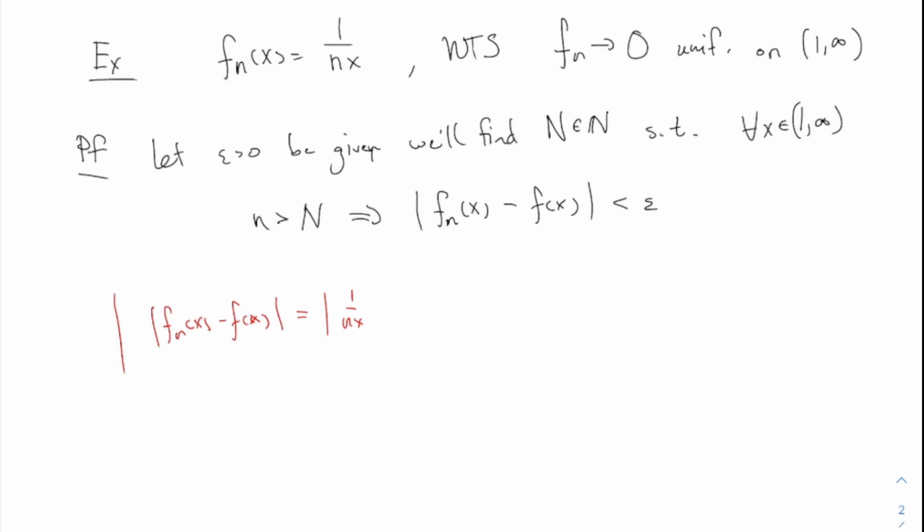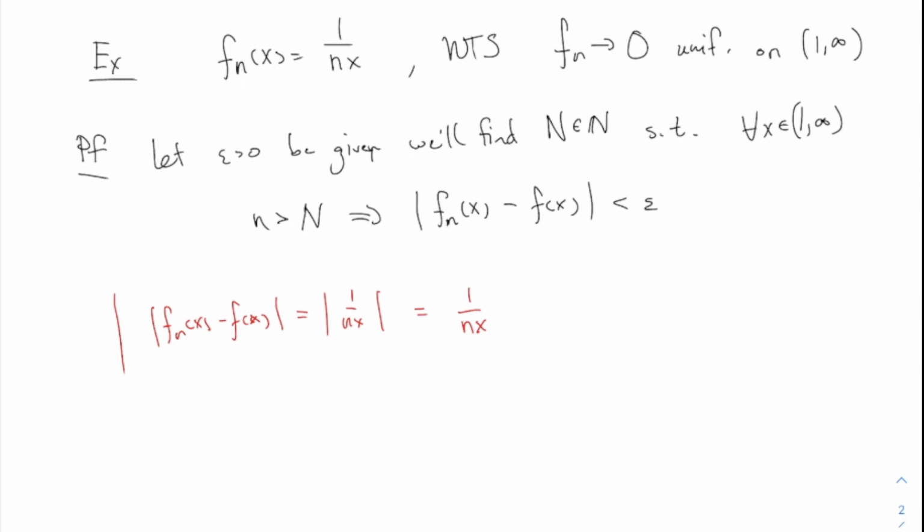So actually that's just this. And since x is from 1 to infinity, that's going to be positive, and so I can ignore the absolute value signs. I hope everyone's with it so far.